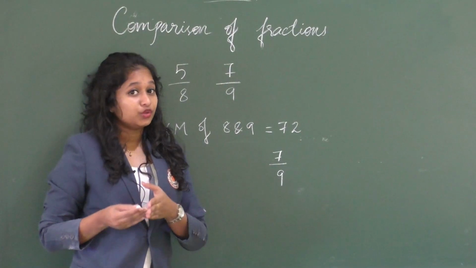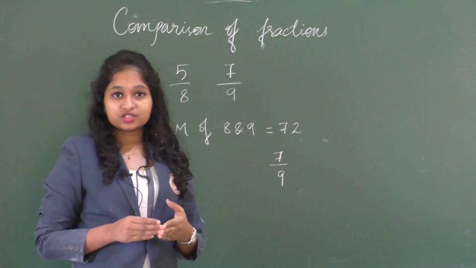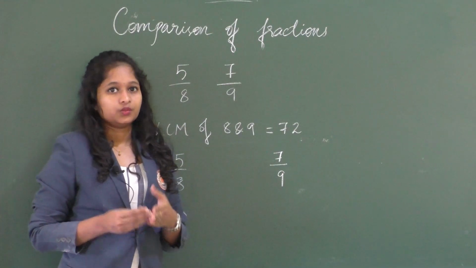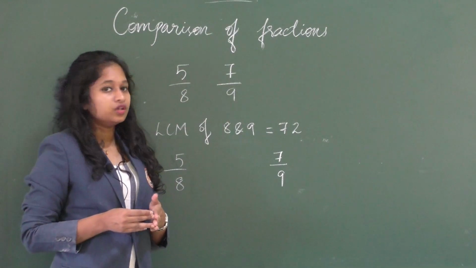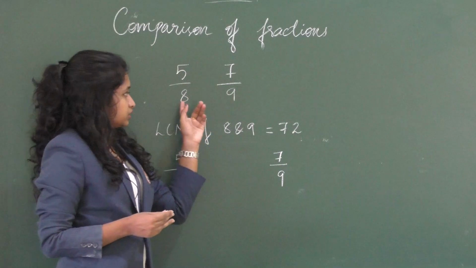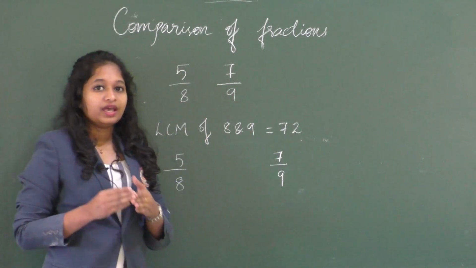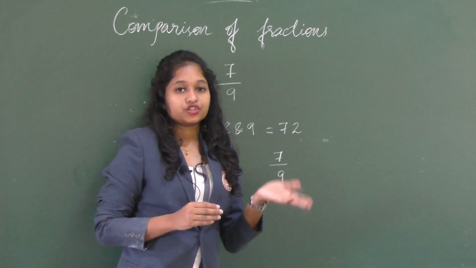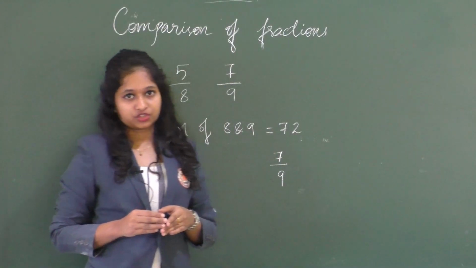So, when you get unlike fractions with different numerators, what you have to do? First, find the LCM of denominators, and then we have to convert this unlike fraction into like fraction.